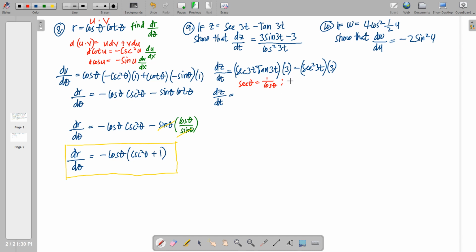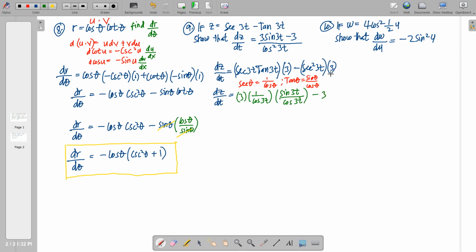And then tangent can be written as sine theta all over cosine of theta. So we just apply this now. Your secant 3t becomes 1 over cosine 3t. And perhaps we can already reflect here the constant 3. And then for the tangent 3t, that is just sine over cosine.